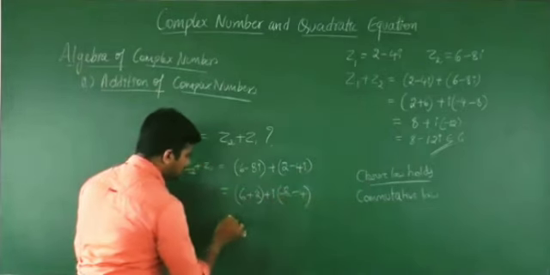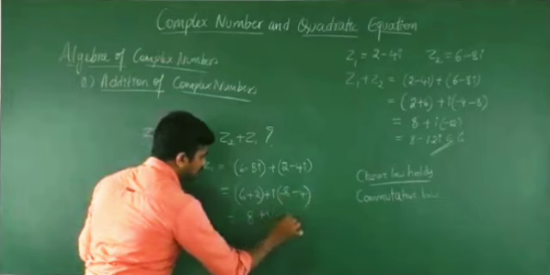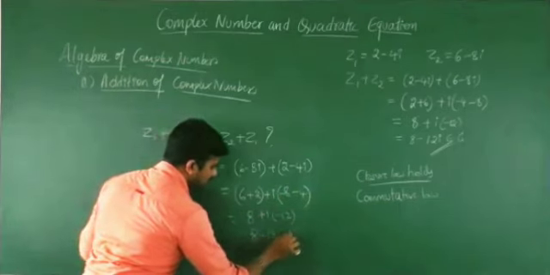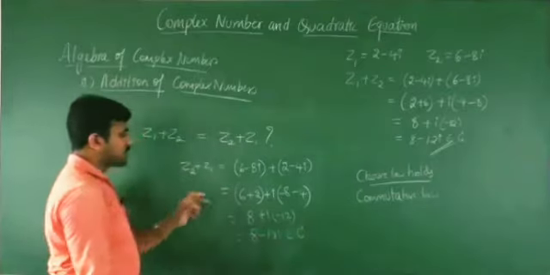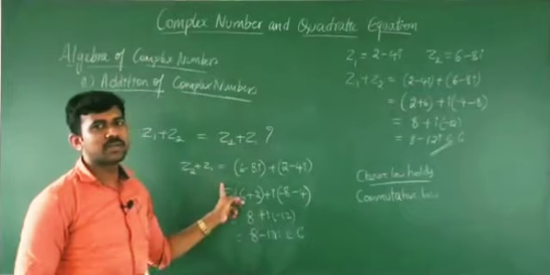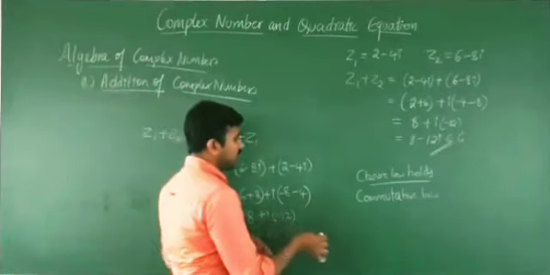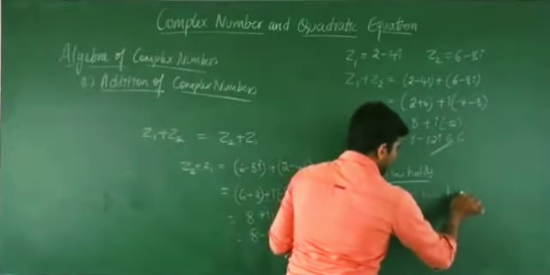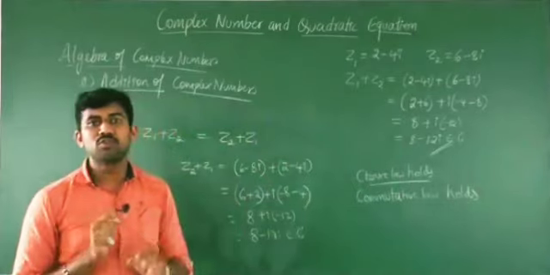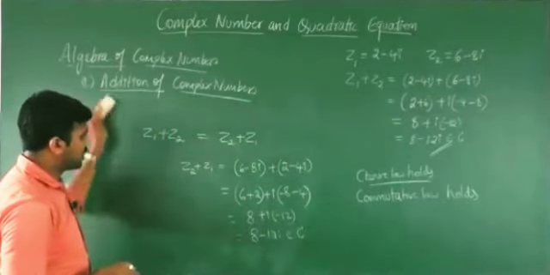This is 8 plus i into minus 12, or 8 minus 12i. Again it is a complex number. Observe that Z1 plus Z2 is the same as Z2 plus Z1. So clearly the commutative law also holds in addition of complex numbers.